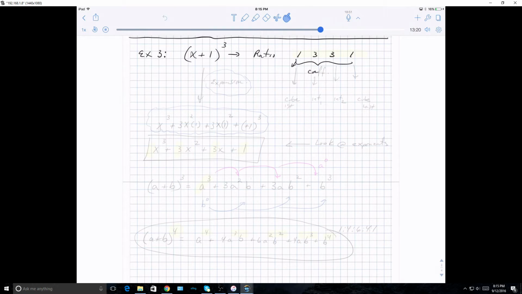These are coefficients. Okay? And they're coefficients to terms. And what this represents is the cube. So I'll just write cube here. This is an internal product, 1. This is an internal product, 2.